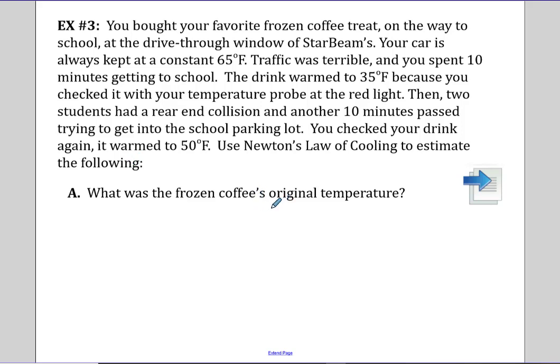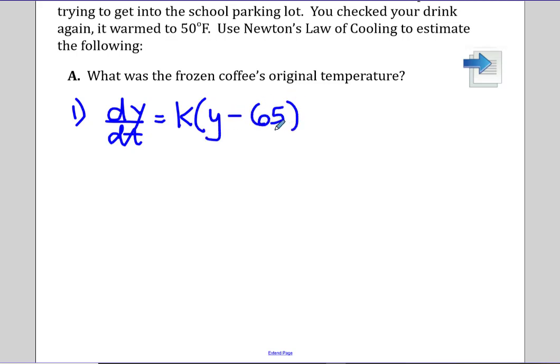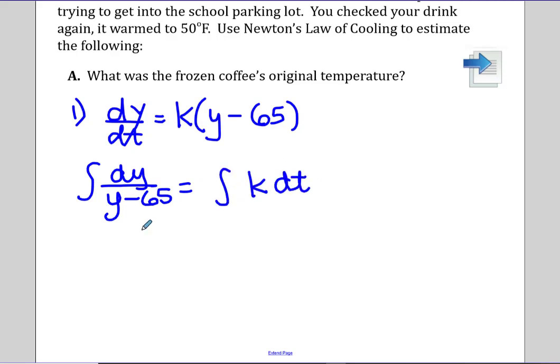What's the frozen coffee's original temperature? So we want to first say dy/dt is k times (y minus 65), where 65 degrees was the constant temperature. So if we integrate both sides and separate the variables, then dy over (y minus 65) is k dt.